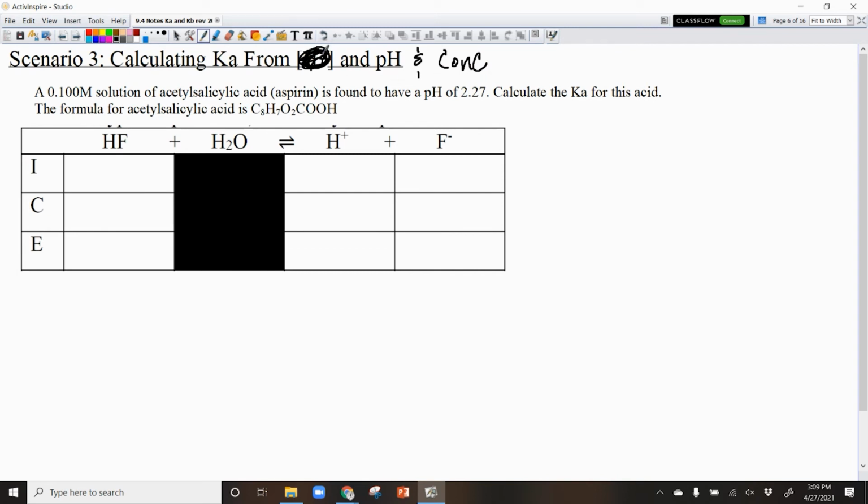Okay, so that's just a mistype. All right, so we're calculating the Ka from the pH and the concentration. All right, so concentration, we have 0.100. And pH means we have this right here. So 10 to the negative 2.27.